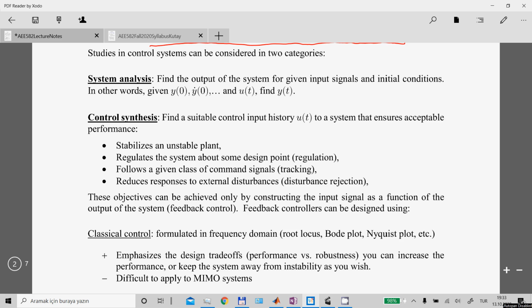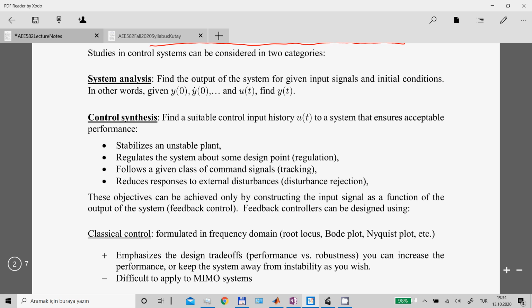Well, first, from a historical point of view, the control design methods were developed in frequency domain because we have more analytical tools available there. So before the computer age, people didn't have the necessary numerical power to process numerical methods. So the analytical methods were the only way to study. And the methods for designing controllers based on frequency domain tools are called the classical control.